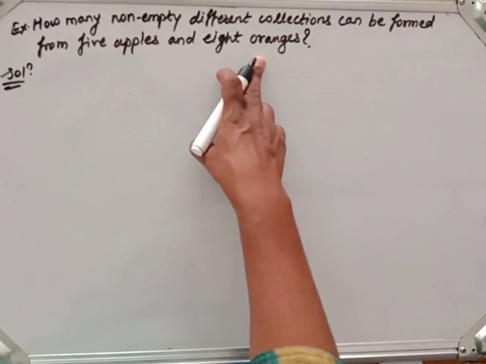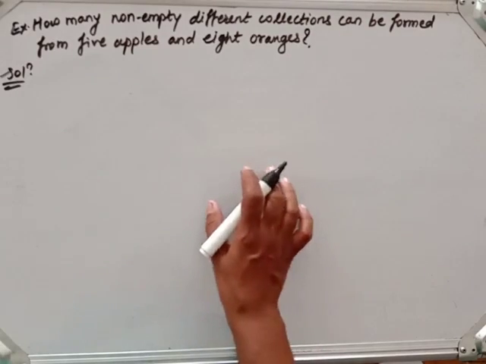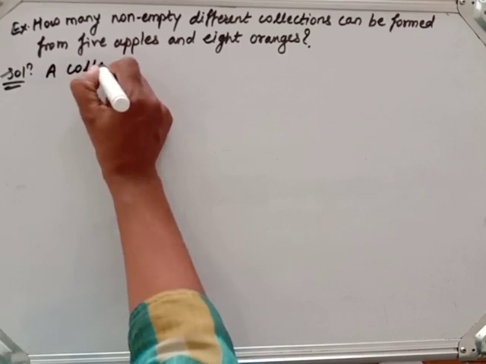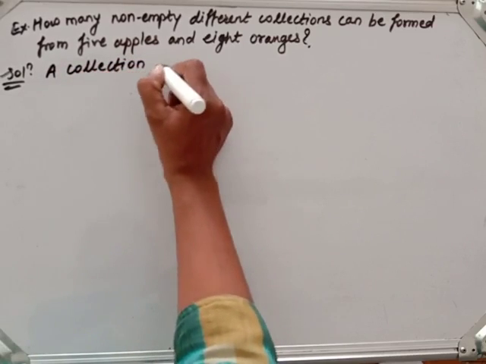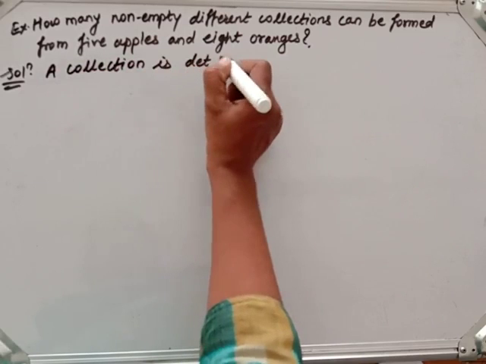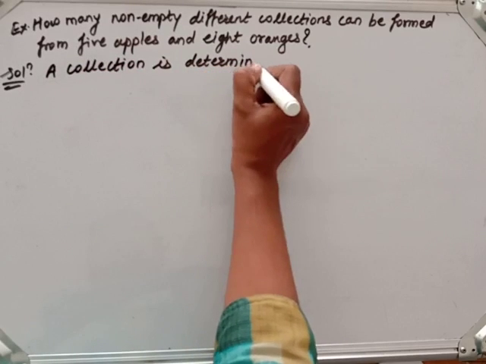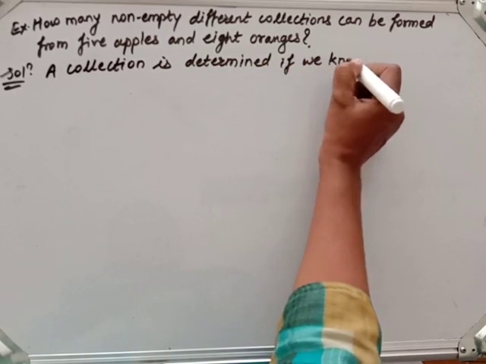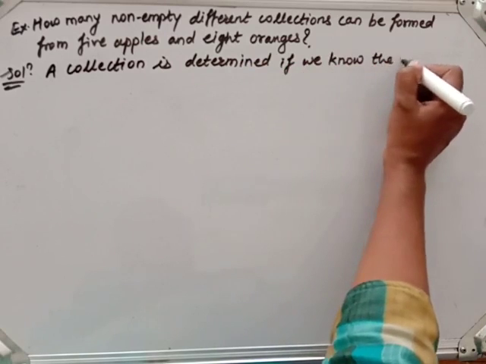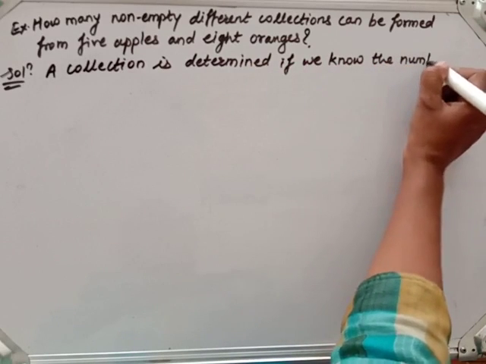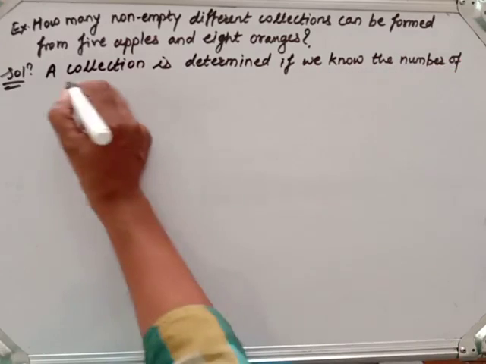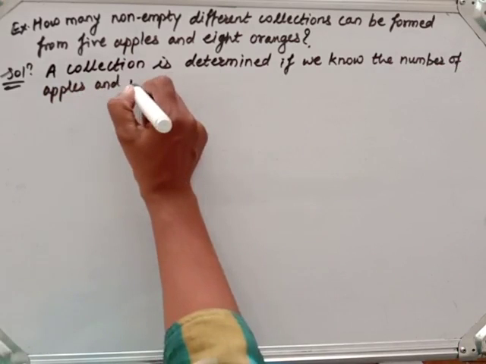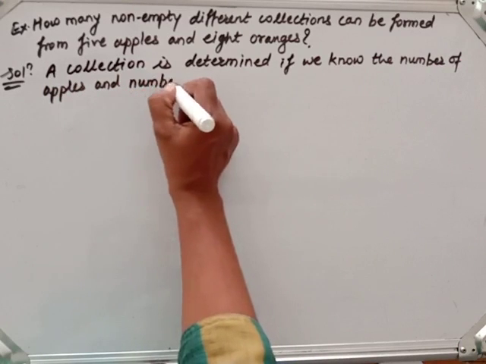The numbering for oranges is from 0 to 8. So let me write first: a collection is determined if we know the number of apples and the number of oranges in the collection.